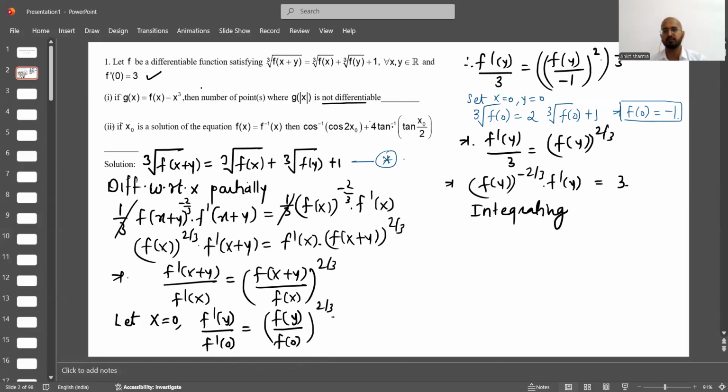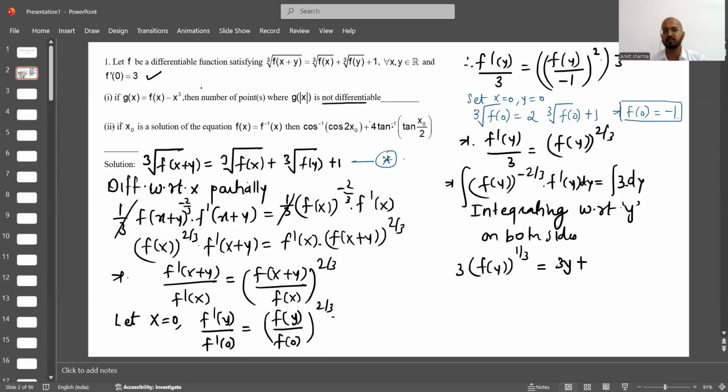Now we integrate with respect to y on both sides. Integration of 3 gives 3y on the right, and on the left, f of y to the power minus 2 by 3, when integrated, gives f of y to the power minus 2 by 3 plus 1, which is 1 over 3, into 3. Since there is a constant, we add 3c so that the 3 also gets divided out.